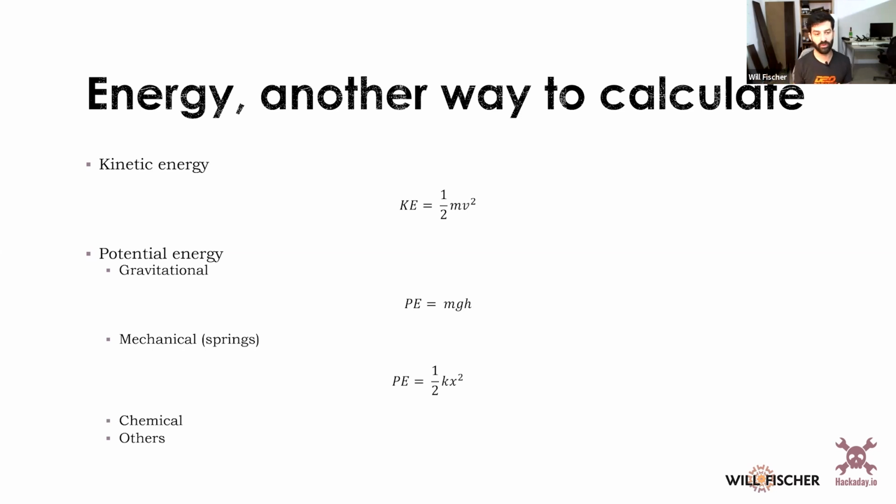That's how it can launch so far. You can do the same thing with a bow and arrow. You have this kind of spring potential as you draw it, and then as you release it, out it goes into that kinetic energy. So this can be a really convenient way to calculate stuff.